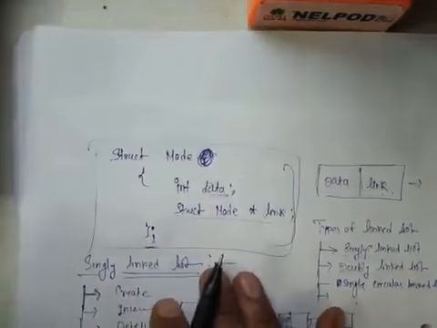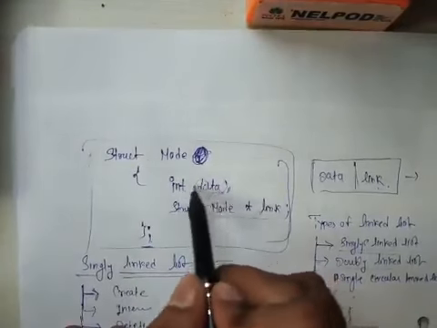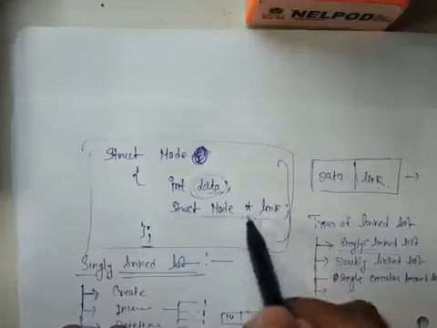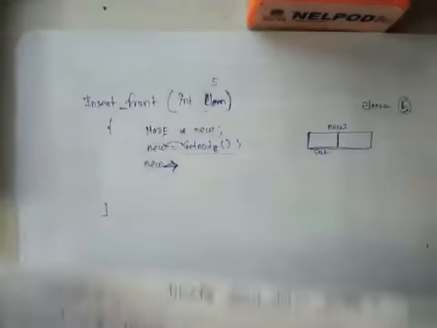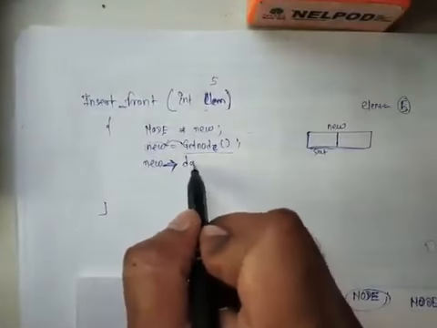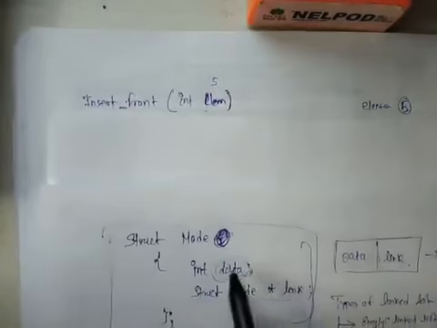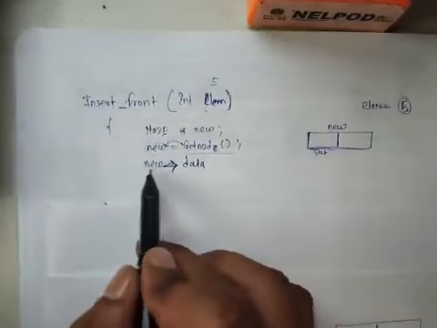Just look at the structure definition. Here, integer data, and this is a structure type. That is why I am writing new of data. The member of the structure we are accessing through the pointer variable new.